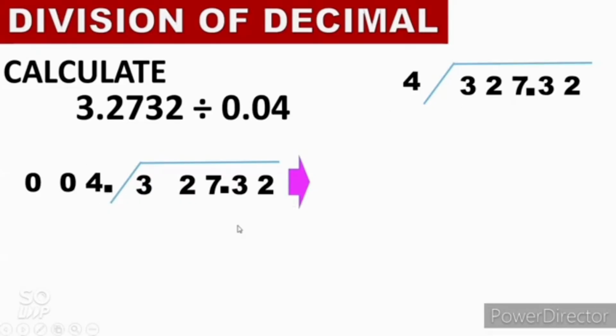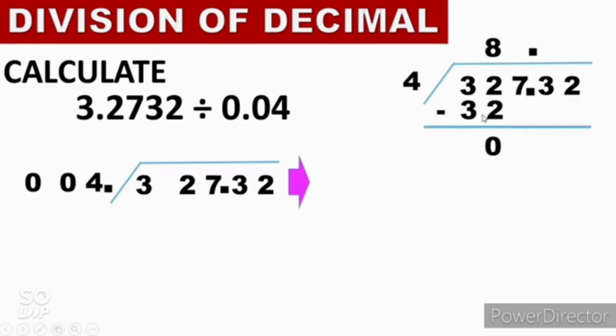Then the next step is to divide. The point on the dividend must be aligned on the quotient. Now, this is the point on the quotient. So the next step is to divide 32 by 4. The answer is 8. And 8 times 4 is 32. Then we subtract 32 minus 32 equals 0.